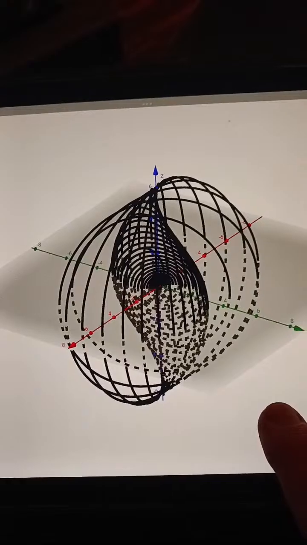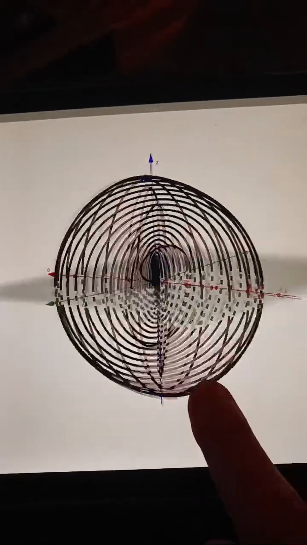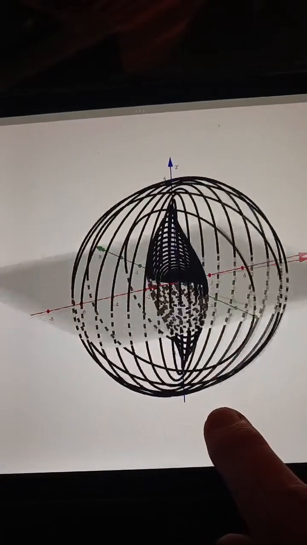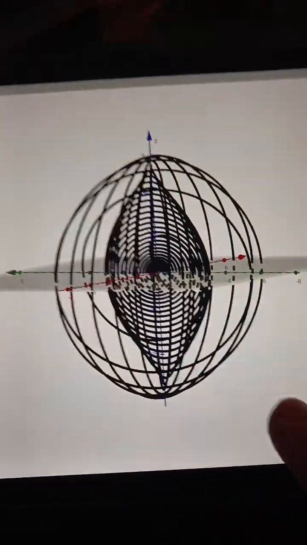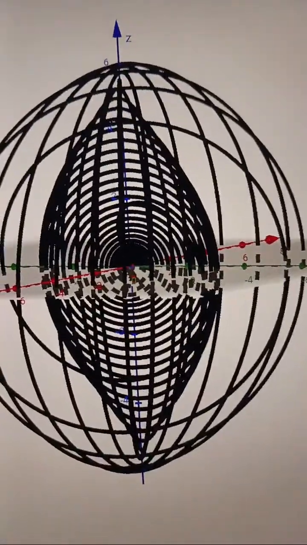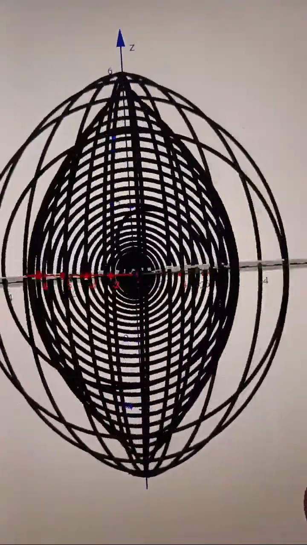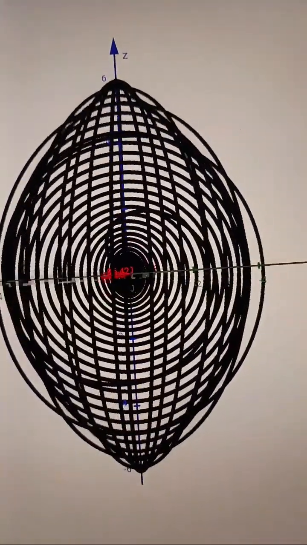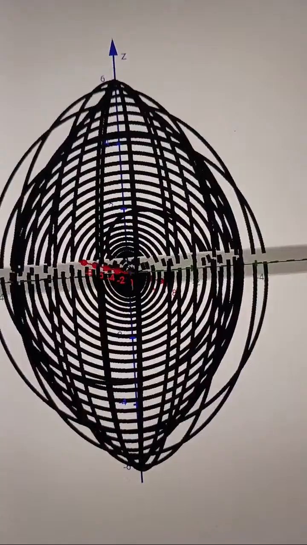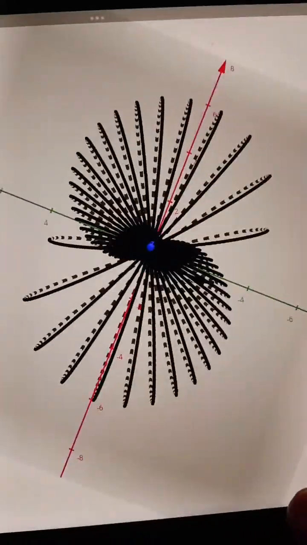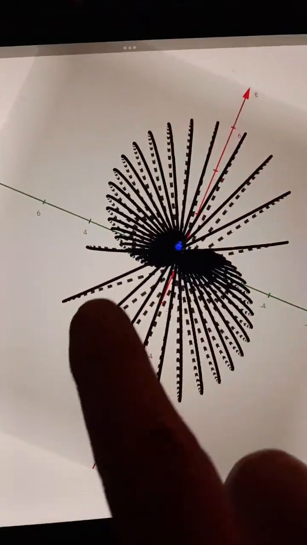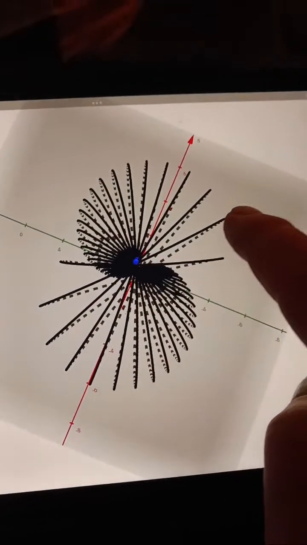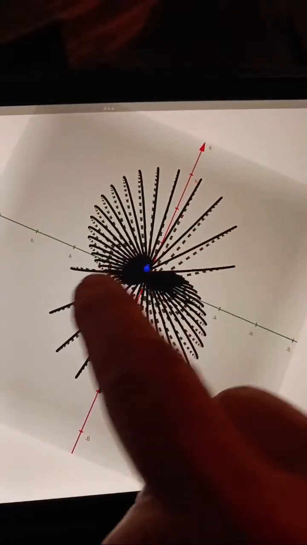But look deep into the structure. That one coil, and I'll fix this to make it even more obvious in a second, expands very, very rapidly to become this maxima, the biggest.